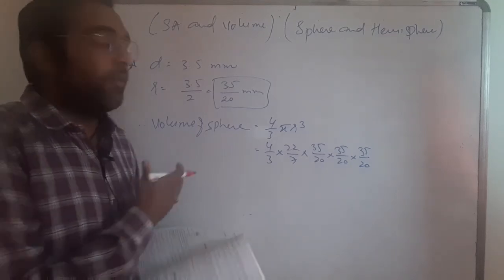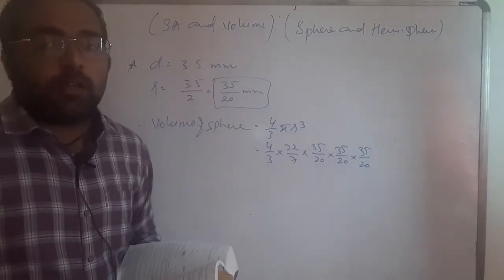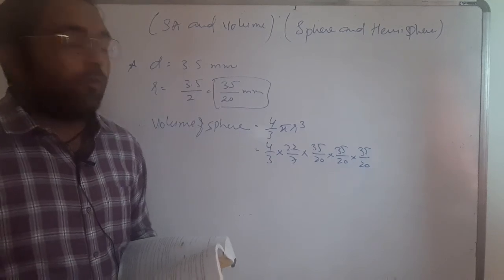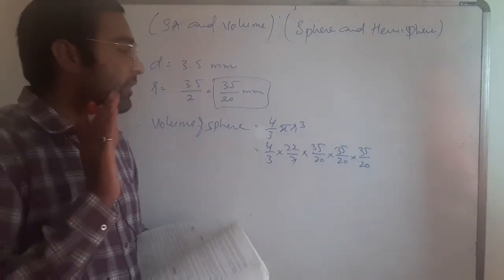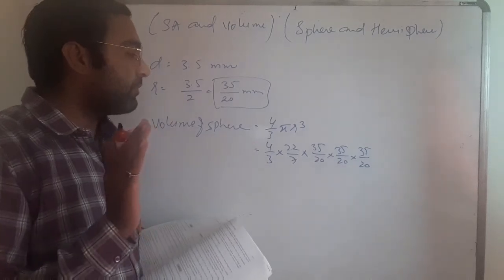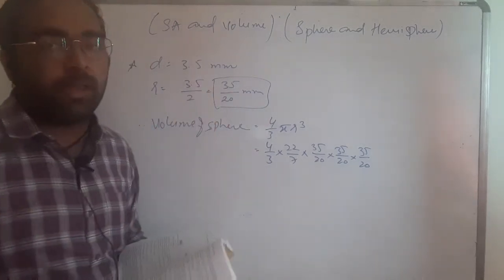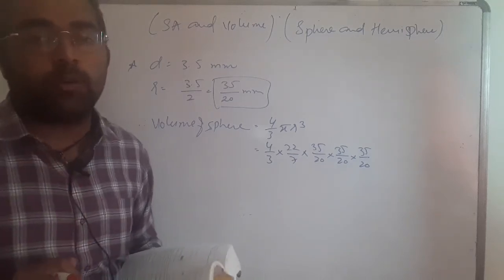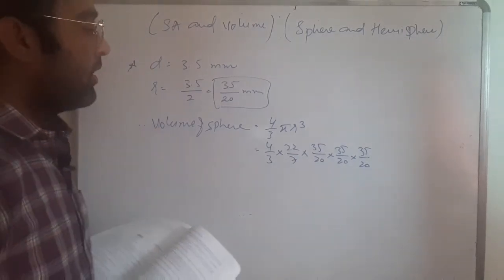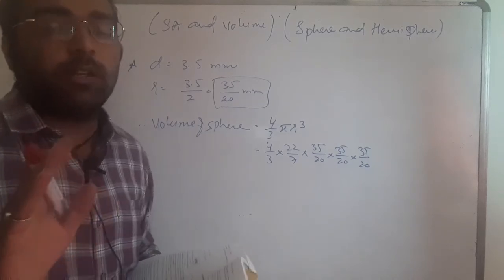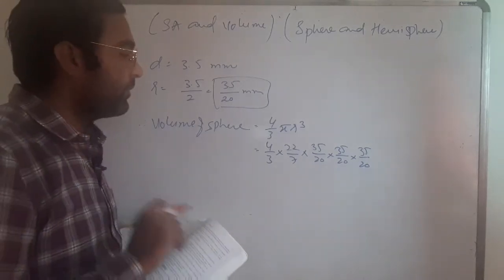In that I took the volume of the hemispherical tank as 4 by 3 pi r cube, so that is my mistake. Please notify that and correct it to 2 by 3 pi r cube, not 4 by 3 pi r cube. Please correct that and get the answer, and the answer corrected is 0.063.